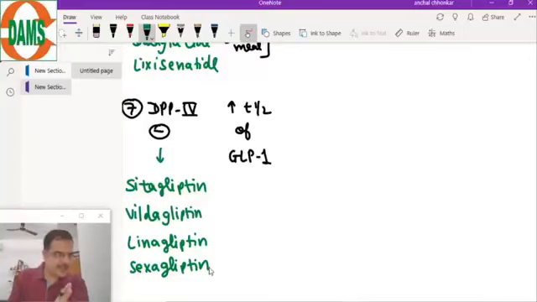These are known as the four available gliptins as a group.